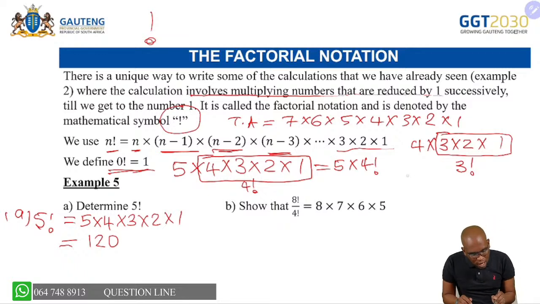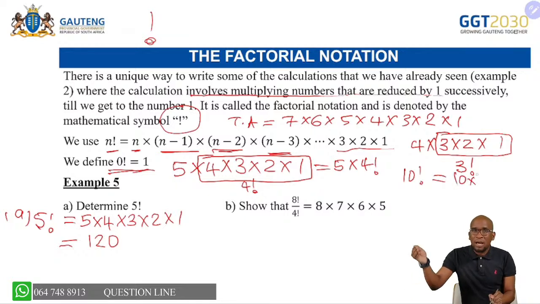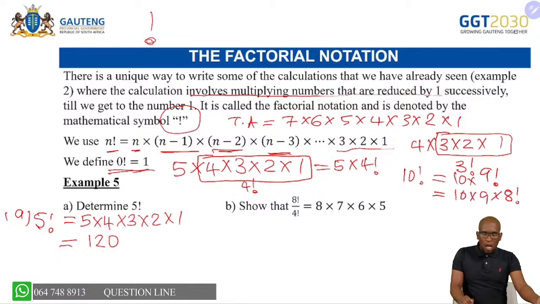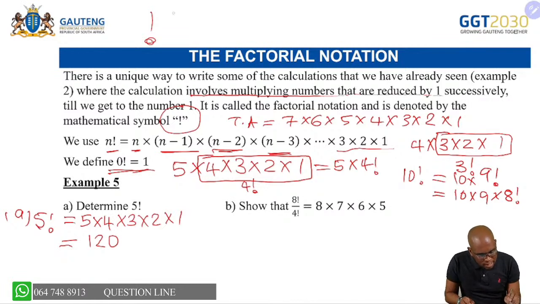Which means if you have, say, 10 factorial, you can write it as 10 times 9 factorial. If you like, you can write it as 10 times 9 times 8 factorial. Because remember, as you reduce successively until you get to the number 1, you say you have a factorial. We can use another example. Let's take, for an example, 6 factorial.